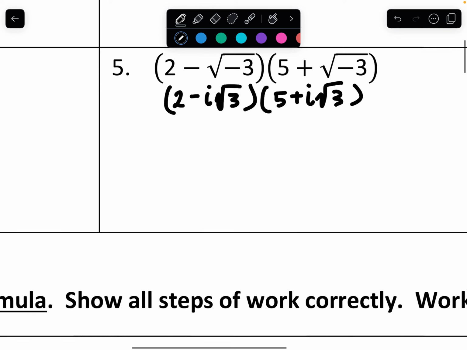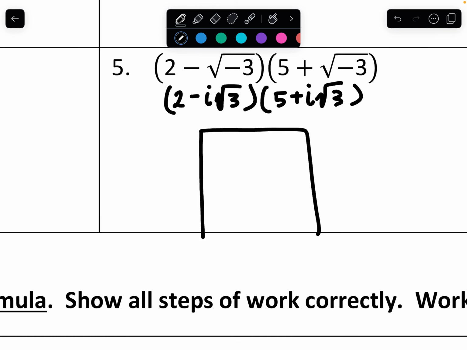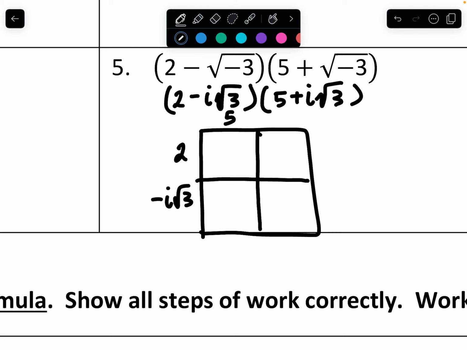And so now when we make the box, we have 2 minus i root 3, and then 5 plus i root 3. 5 times 2 is 10, 2i root 3, -5i root 3, -i squared.